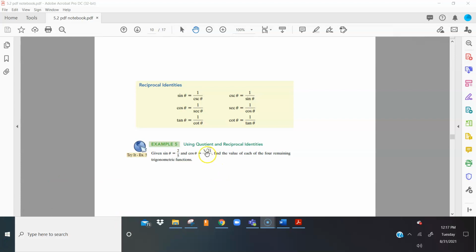We'll be using the quotient and reciprocal identities to help us out with this information to work through example 5. Given the sine of theta is 2/5 and the cosine of theta is the square root of 21/5, find the value of each of the remaining trig functions.